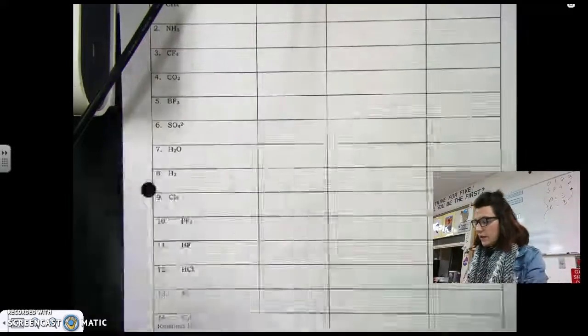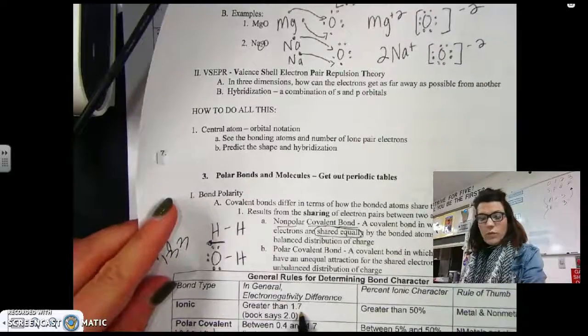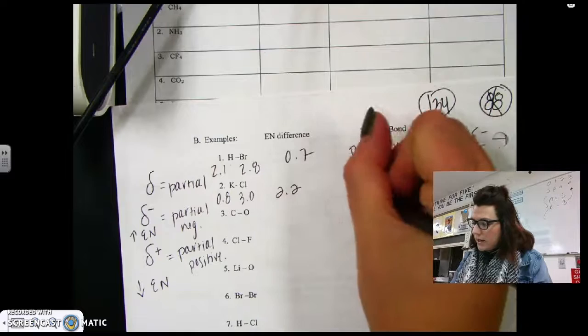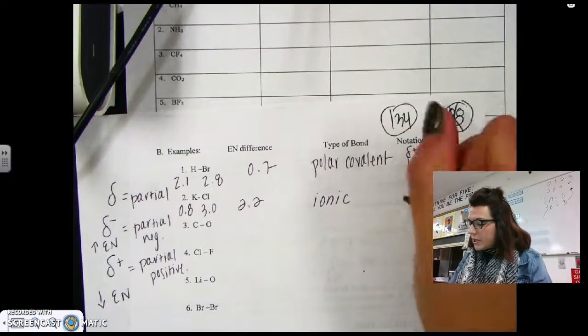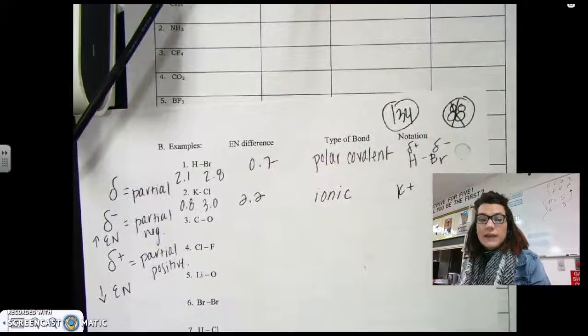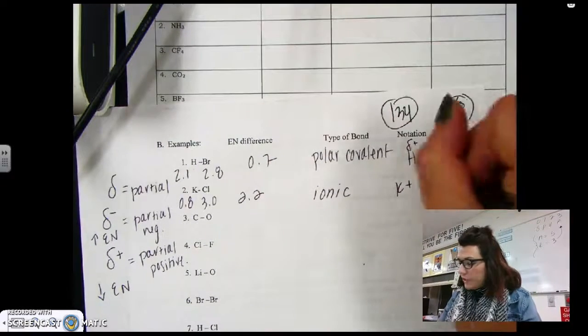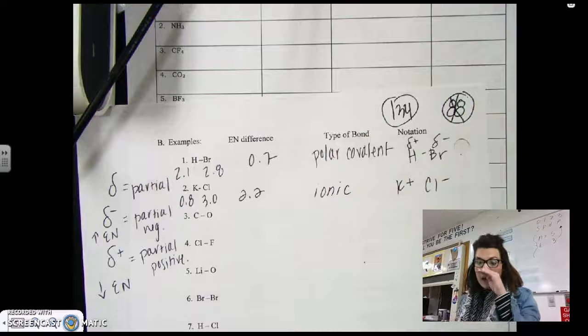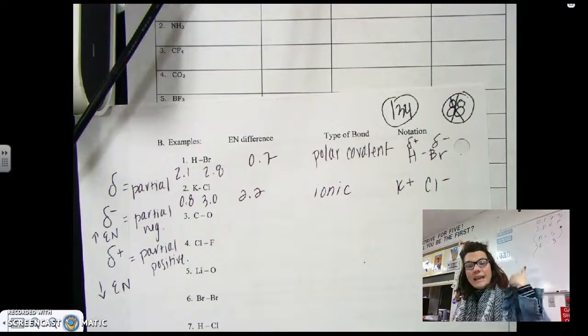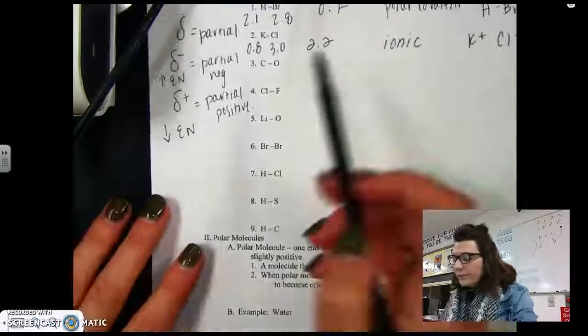If I flip back to the other side, greater than 1.7 is an ionic bond, we were right, so this is ionic, and notation, potassium becomes fully positive and chlorine becomes fully negative, right? Because potassium is fully losing an electron and chlorine is fully gaining an electron, okay? Good.